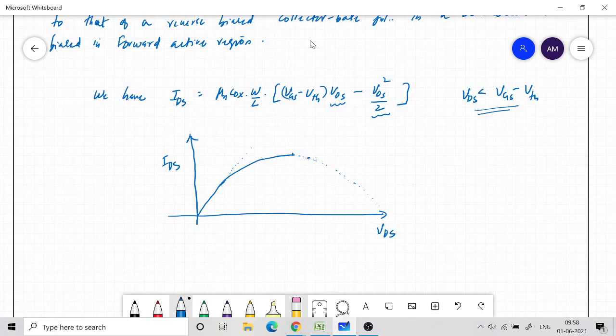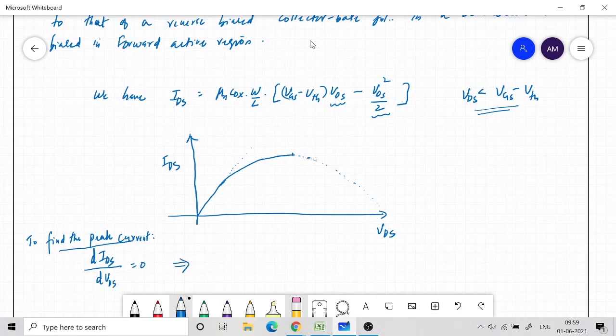So in order to find the peak, what we can do is dIDS. To find the peak current, that is the current just before the pinch off, this is like a maxima of a function, so we just take a derivative and equate that to 0.